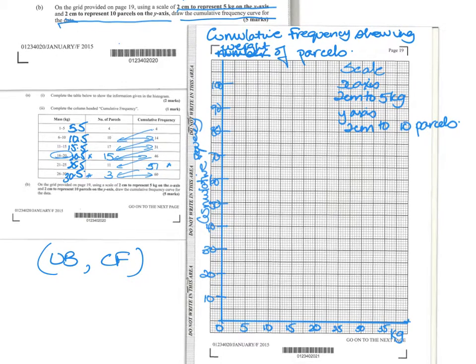So that's 10, 20, 30, 40, 50, 60, 70, 80, 90, 100. We can write any scale one time. So on our x-axis, it is 2 centimeters to 5 kilograms. On our y-axis, it is 2 centimeters to 10 parcels.